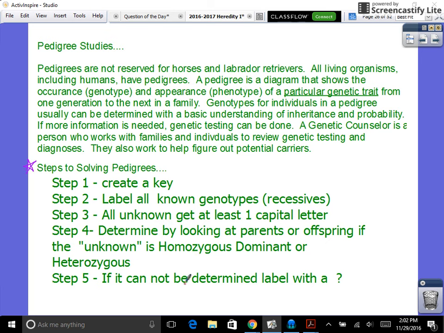Step 5 is if you cannot determine. For example, if you can't determine because there's only 4 offspring whether an individual is homozygous dominant or heterozygous, then you're going to label it with a question mark. It's important to understand that this is useful information for somebody like a genetic counselor. It's a person who works with families and individuals to review genetic testing and diagnosis.